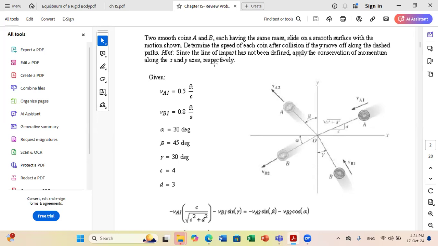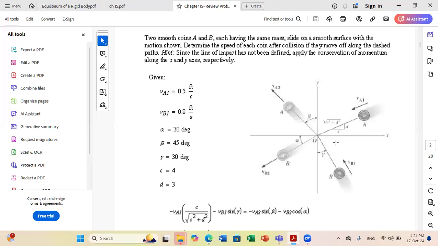But in this case, if you don't know the line of impact, they should give you additional information. If you remember in the previous example, we had 4 unknowns. Here, we just have 2 unknowns, because they gave you all directions after collision. You know the magnitudes of VA1, VB1, and you know all directions because they gave you angles alpha, beta, gamma, and you have the values of C and D. Since you have all of these, the directions are completely known.